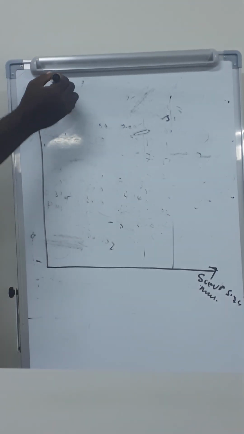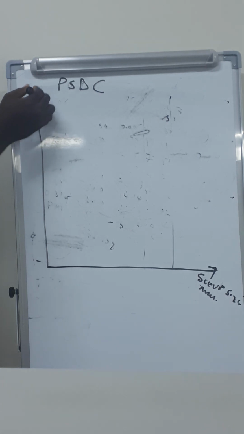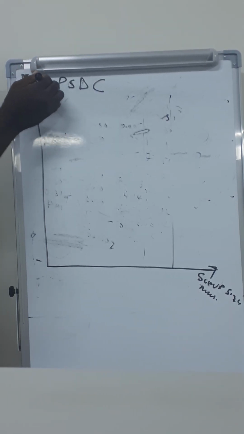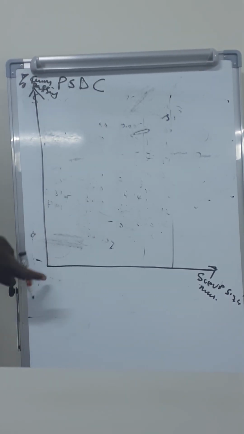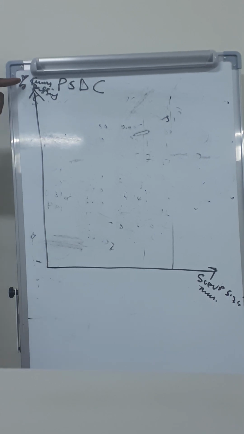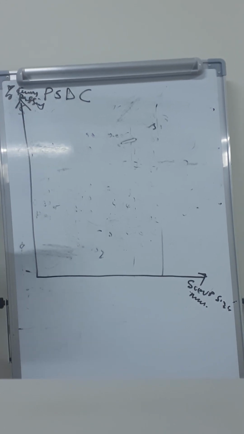The heading is particle size distribution curve. The vertical axis is in percentage and the horizontal axis is in millimeter. That is the particle size distribution curve.